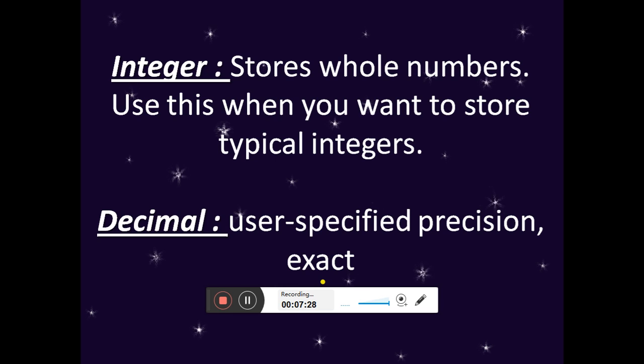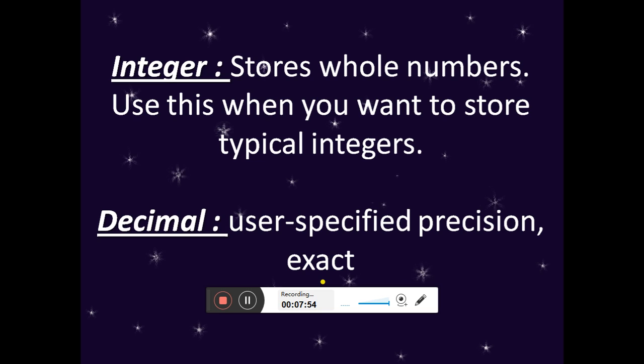Got it? The next one is decimal. Here you can specify numbers with a specified precision, meaning you can specify decimal point numbers, like percentage with two decimal places, for example 50.60 or 90.85. Here you can store the decimal point value, that is the floating point value.